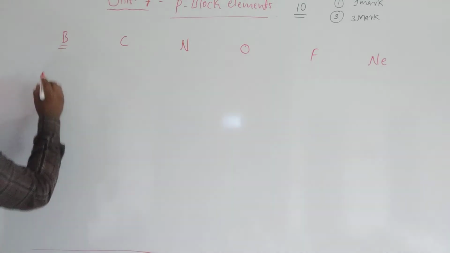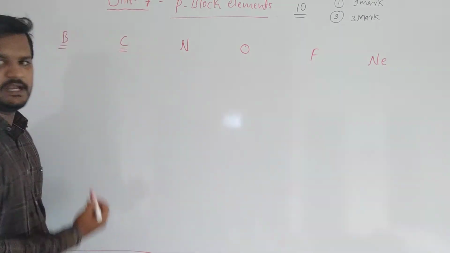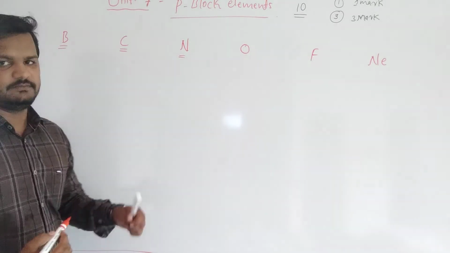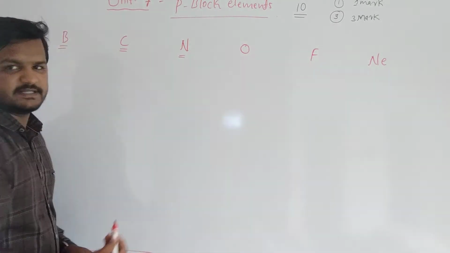Boron is the first member of the boron family. Carbon is the first member of the carbon family. Nitrogen is the first member of that family, which is why we say nitrogen family or pnictogens.